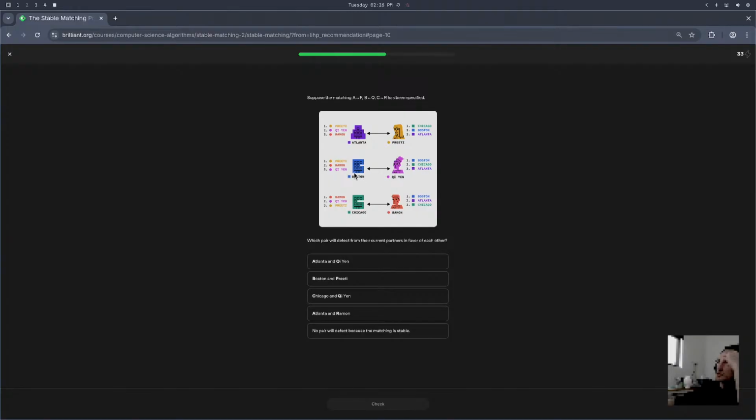So Boston, well, this one, Boston prefers Peretti, and it's his number two. Chicago prefers Ramon. Yeah, so I would say Boston and Peretti would defect.